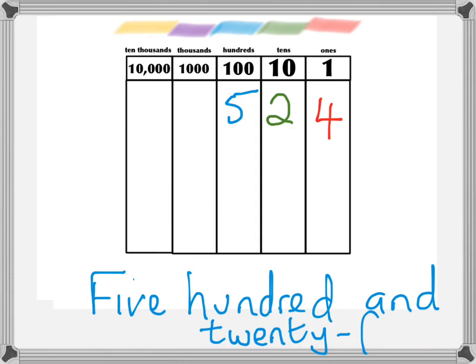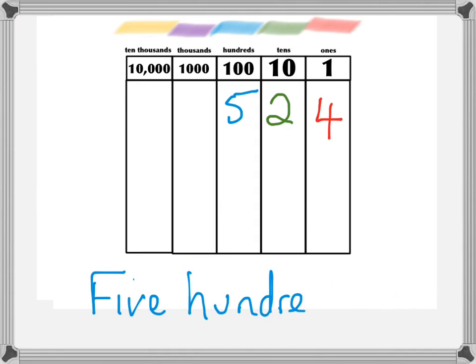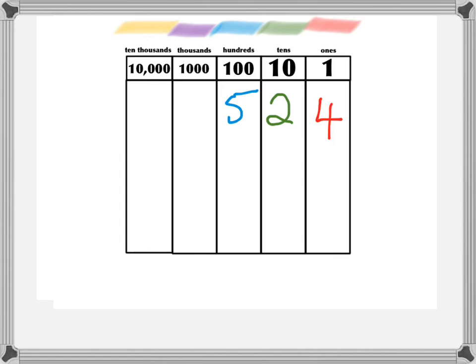So let's take that out, and now we're going to put something in our thousands column. Let's go for a purple in the thousands column. How many thousands do we have? Let's have 7 thousands.